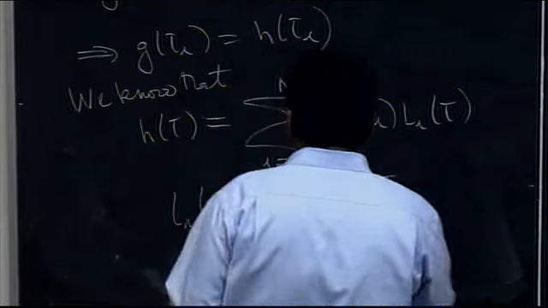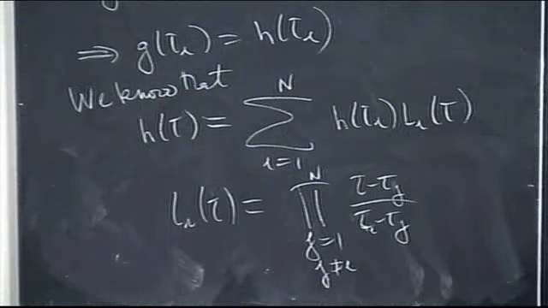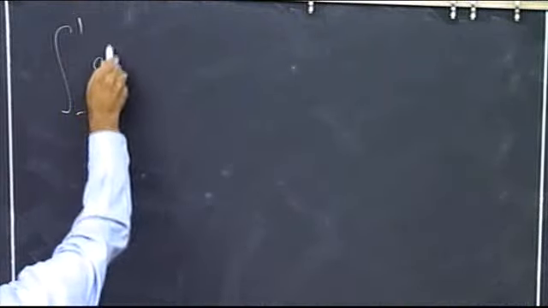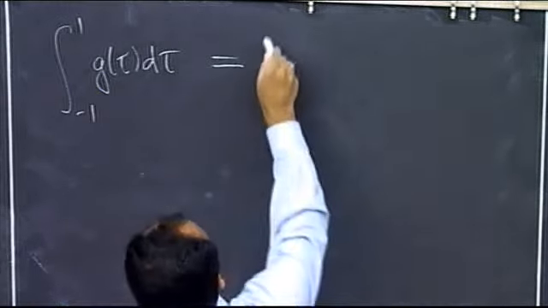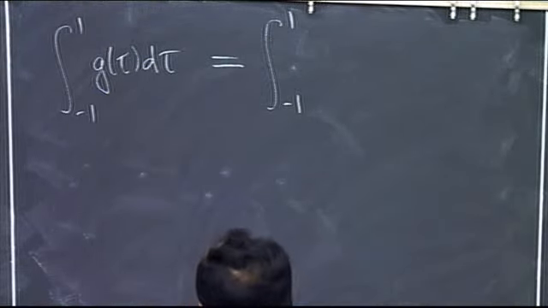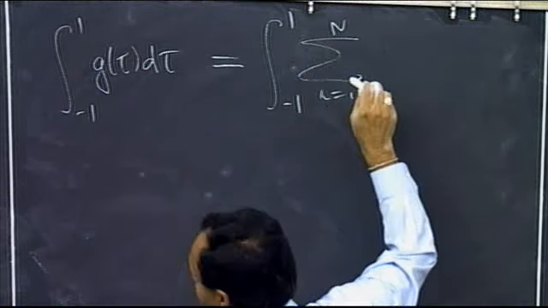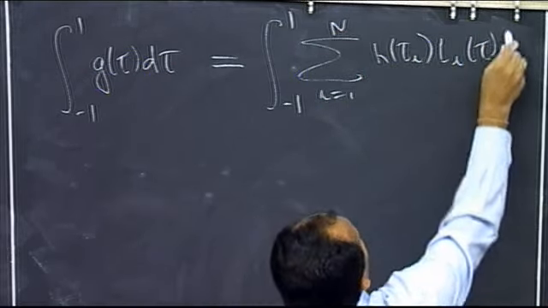Okay? So if you look at that, now what you can do is say that the integral from negative 1 to 1 of g of tau d tau is equal to the integral from negative 1 to 1 of h of tau d tau. But h of tau d tau is equal to the sum from I equals 1 up to n of what? Of h of tau I times Li of tau d tau.